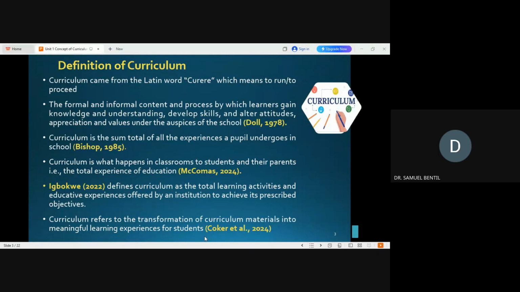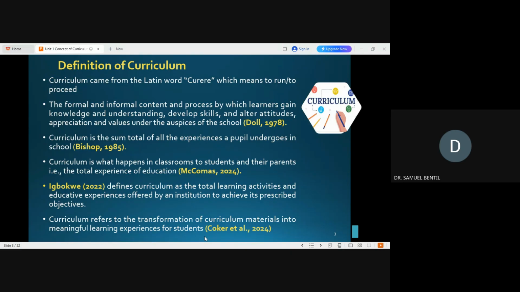The denominational meetings, where we have GAMSU, CASU, JIMSA, and all those things, are all part. Writers and debaters clubs and wildlife clubs are all informal content or process by which learners gain knowledge, understanding, develop skills, and alter appreciation, attitude, and values under the auspices of what? The school.